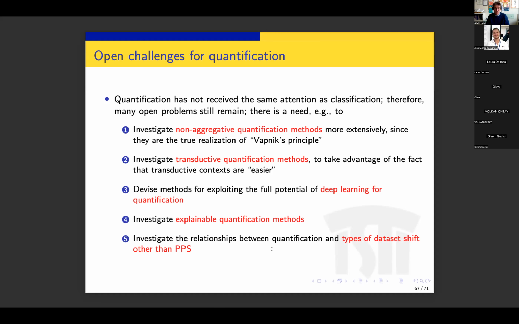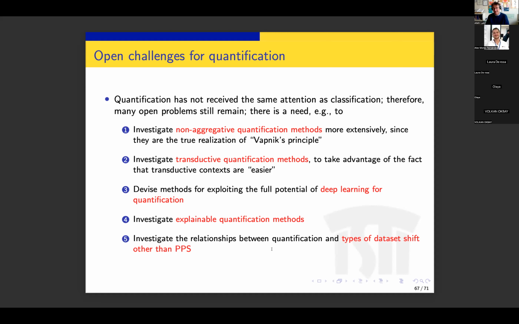Another area which needs investigation is explainability. There is a lot of push for generating explainable machine learning models, explainable classification models and methods in the literature, and of course the same goes for quantification methods.